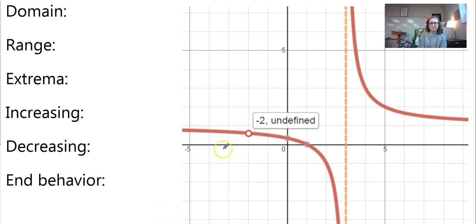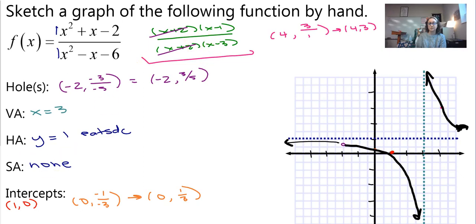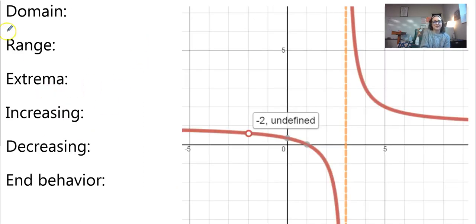Okay, we're back. So domain, notice we cannot include -2 and 3. And if we come back to our rational function, we saw that here before we canceled. So our domain goes from -infinity to -2, from -2 to 3, and from 3 to infinity.